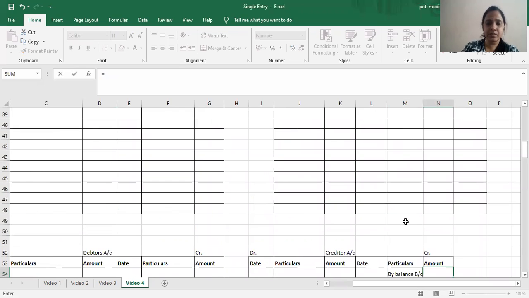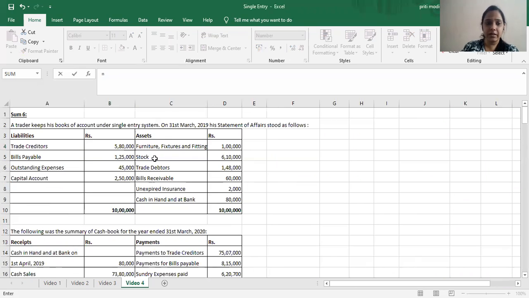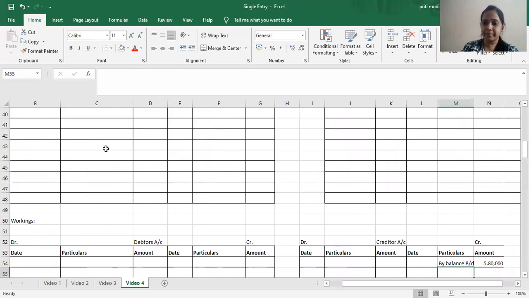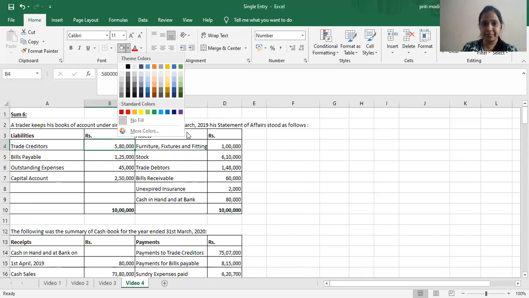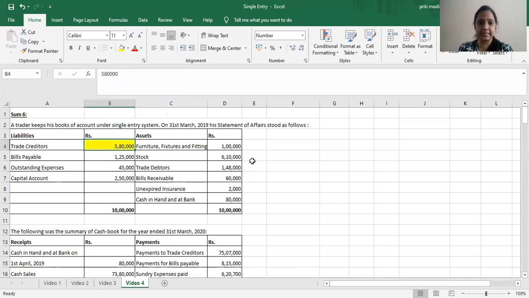So let's put the figure over here, 5,80,000. So the opening figure of creditors is done. We need to post it once because balance sheet is there. Had there been transactions and the opening balances, we would have posted it twice.